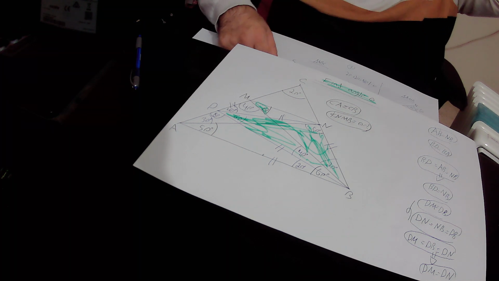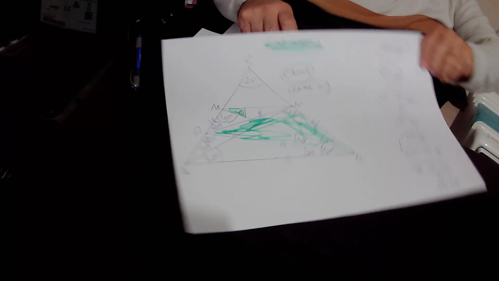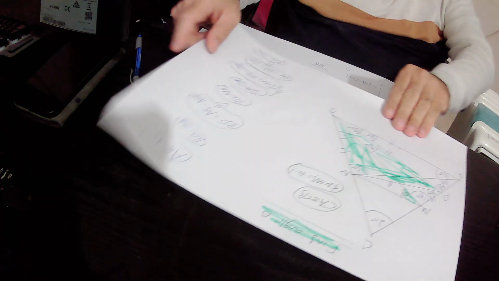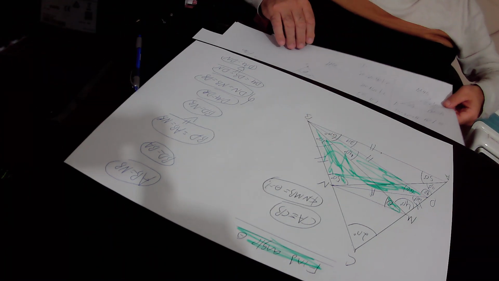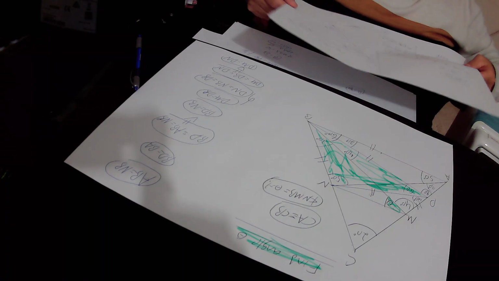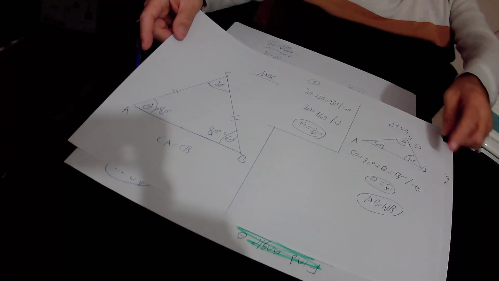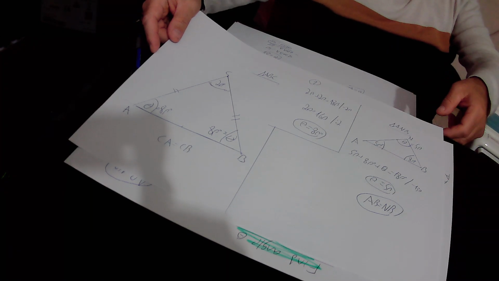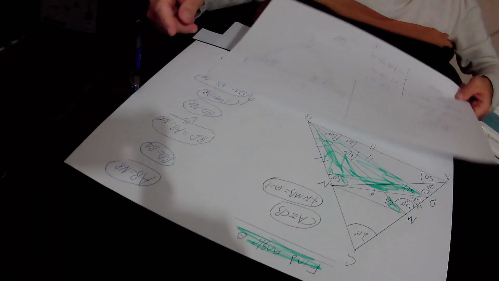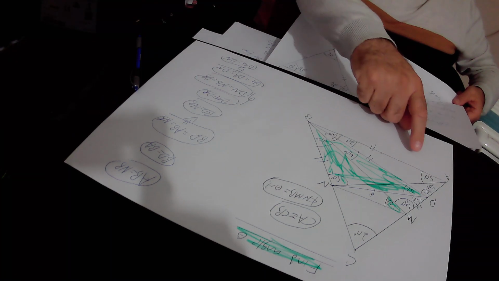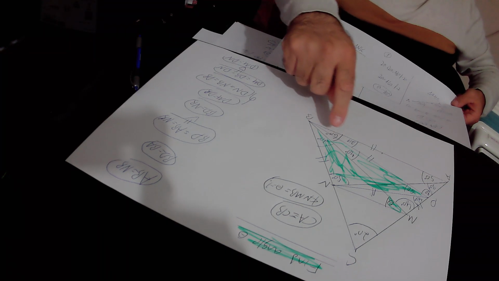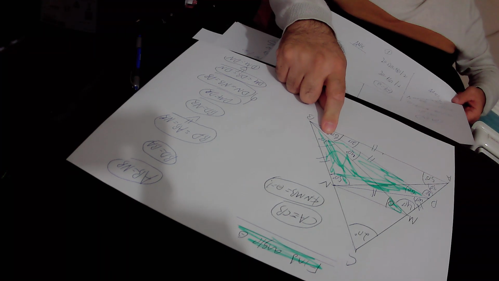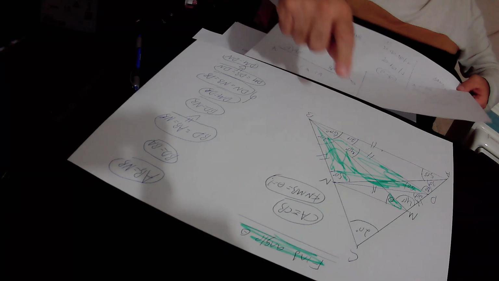Then we focus on this triangle NAB. So I call it triangle NAB on your page and analyze it. This is triangle NAB that I copied from the original drawing. So angle NAB equals 80 degrees in size, and this is the actual angle theta that is equal to 80 degrees, and this is the missing angle.